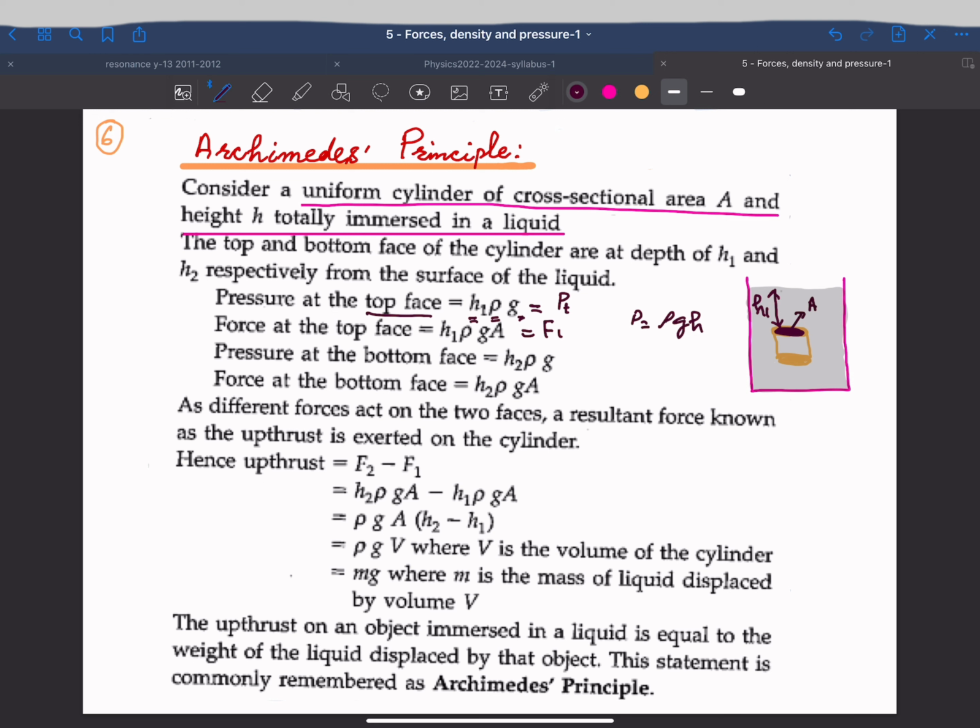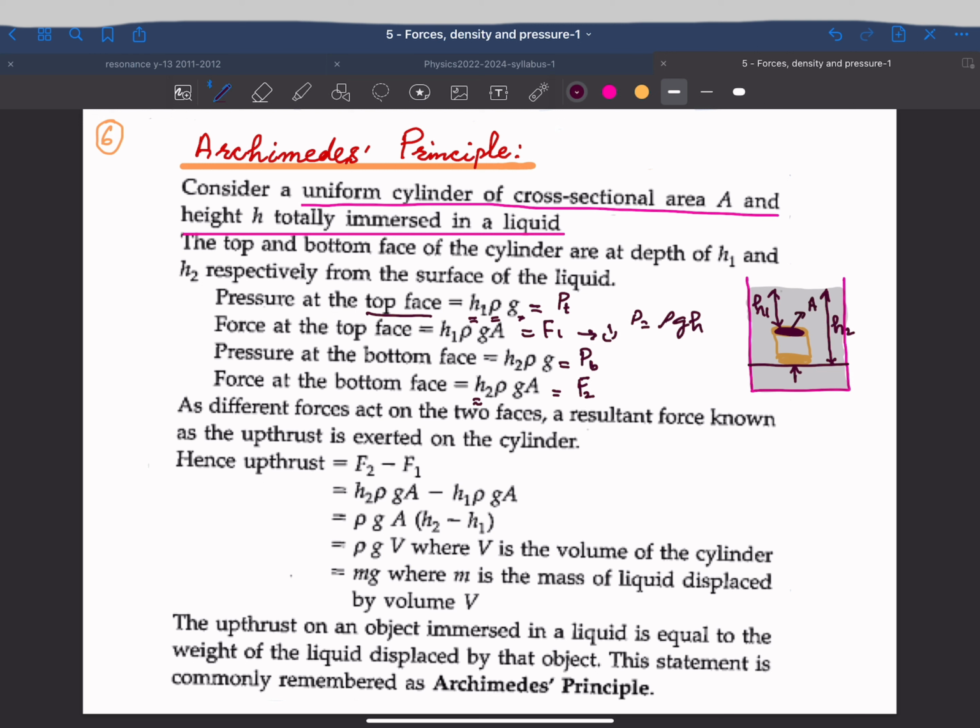This is your first equation, and then when you consider the bottom pressure, of course the height of the liquid will be H2, and because of this height you will have the pressure at the bottom, PB, and this PB is giving you the force at the bottom, which is the second force. Of course this is the upward force, and in this case the H2 is important.